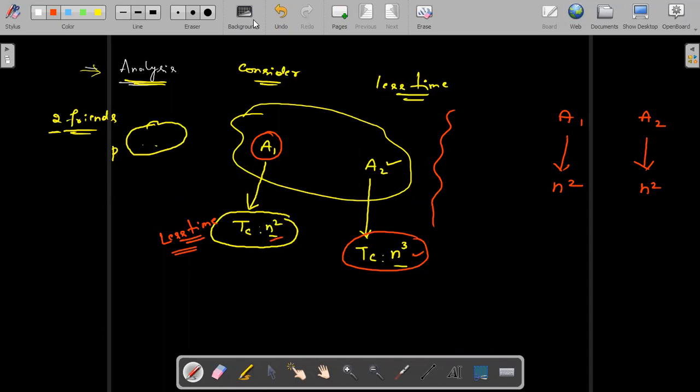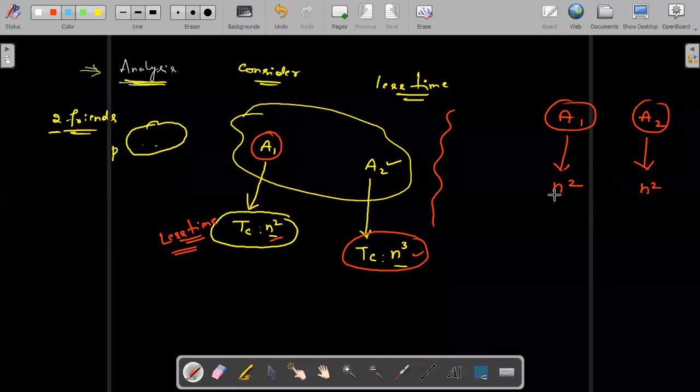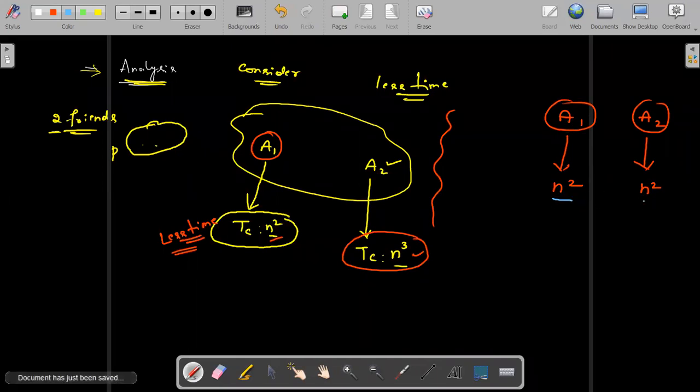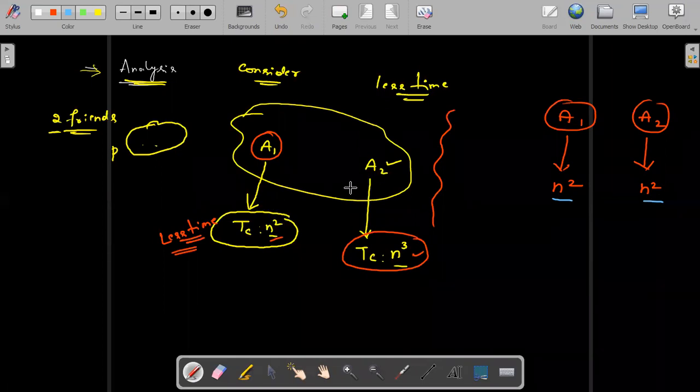Now you tell me, which one should I select? Both are taking the same time. This one also takes the same time, and this one also. It means both algorithms are good and you can take any one. So when you are writing an algorithm for a problem, we have to consider the time complexity, not space complexity. That is very, very important.